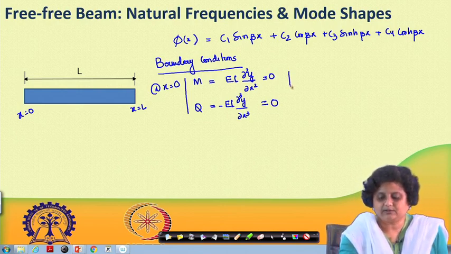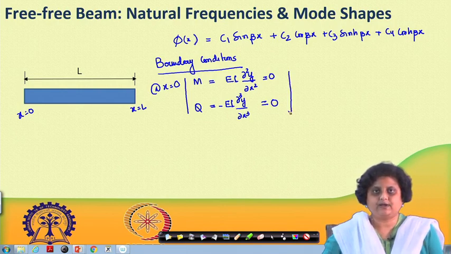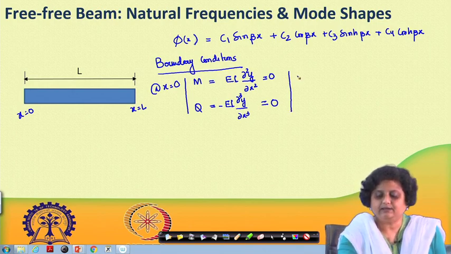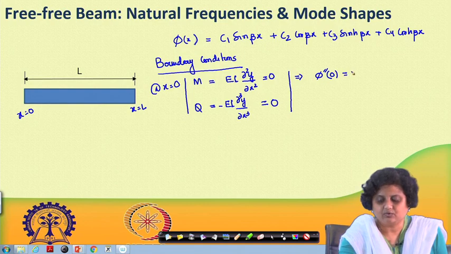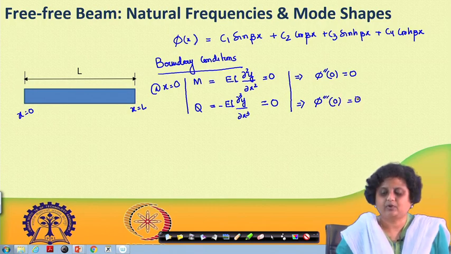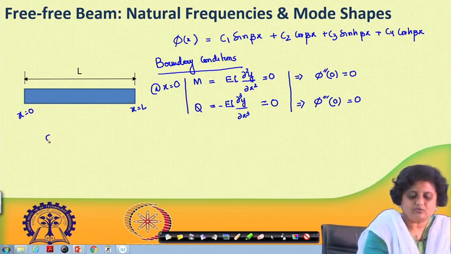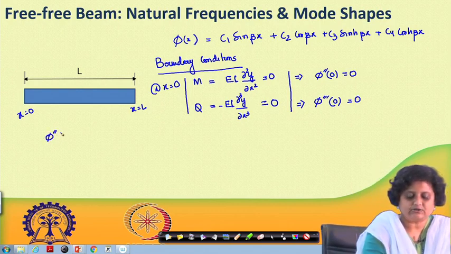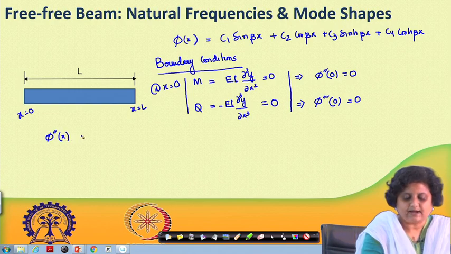So, if we follow the same process that we did for the previous example, this will lead to phi double dash 0 equals to 0, and this will lead to phi triple dash 0 equals to 0.